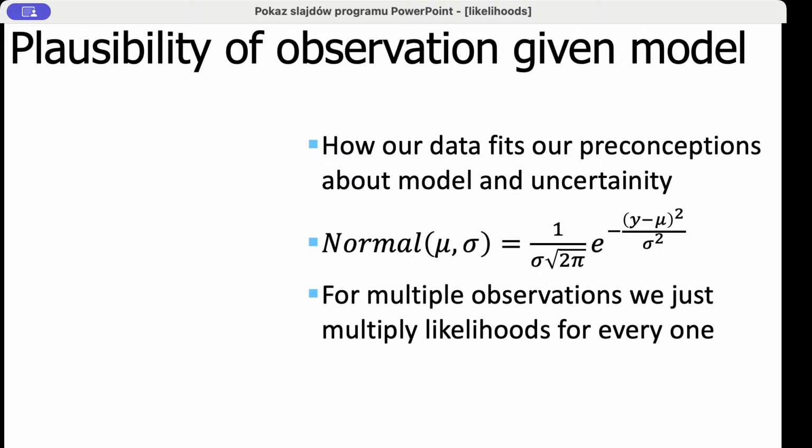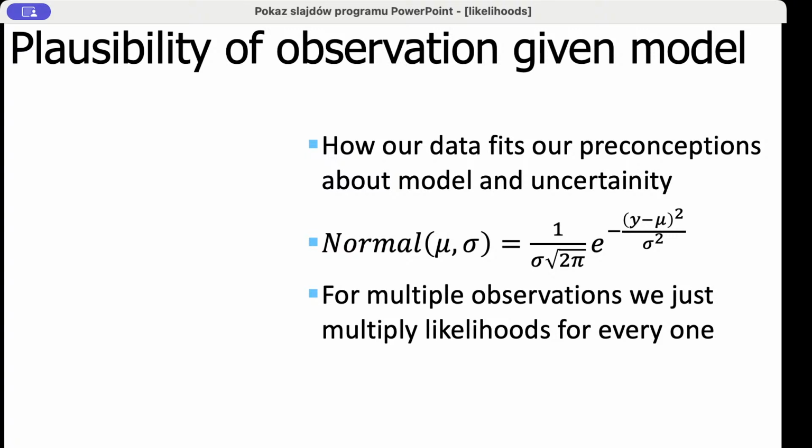Using normal distribution is a very natural way to describe the plausibility of a given observation in a considered model. So we can explain how our data point fits our preconceptions about both model and uncertainty at the same time.